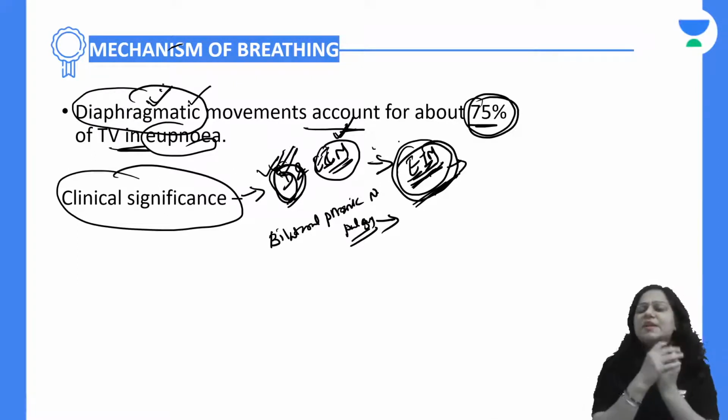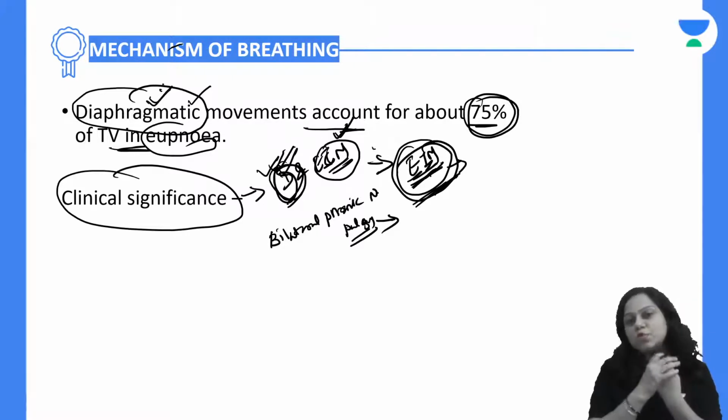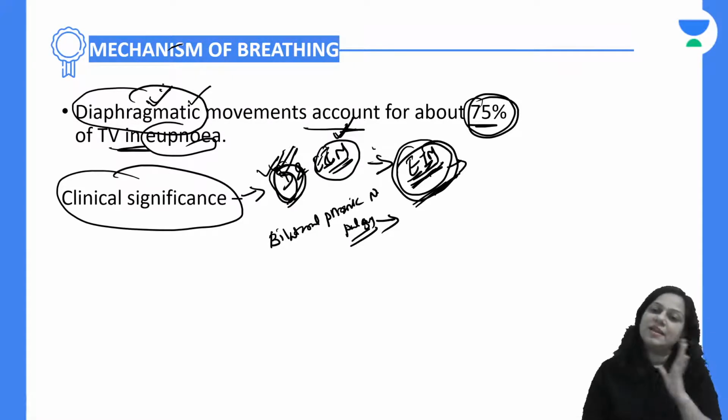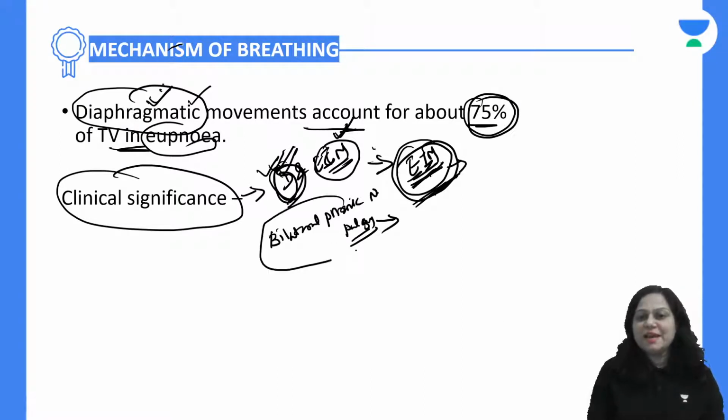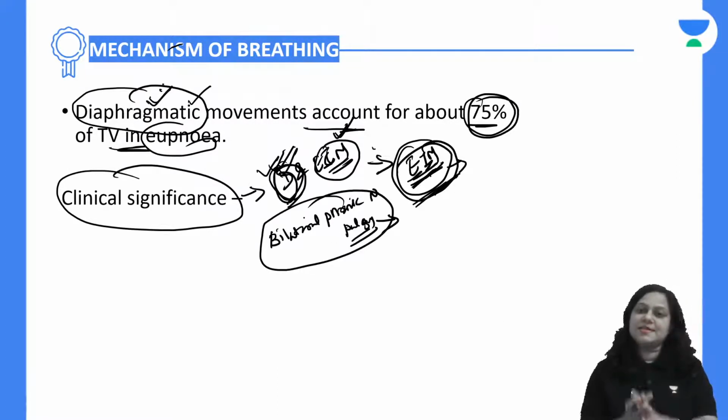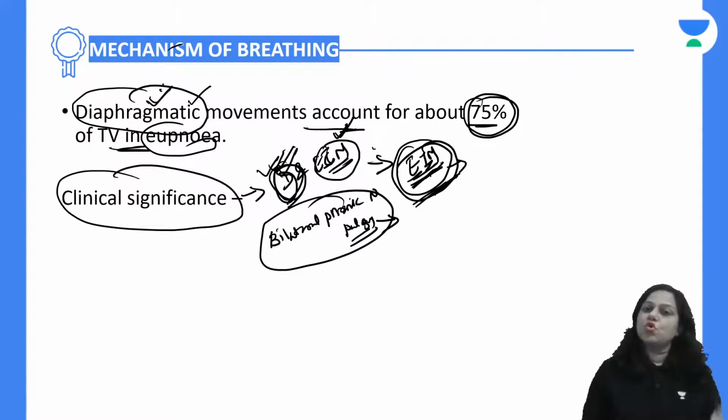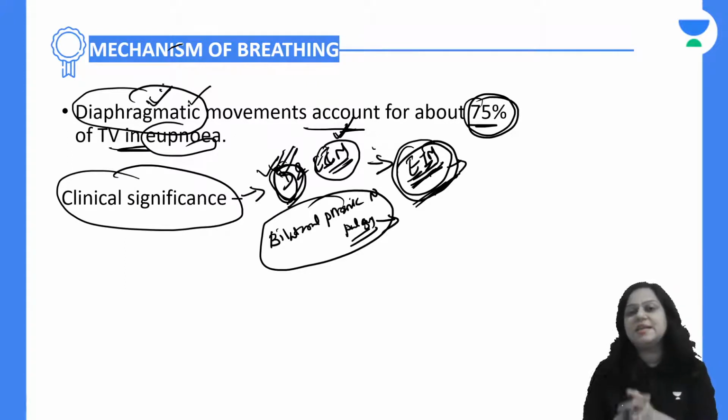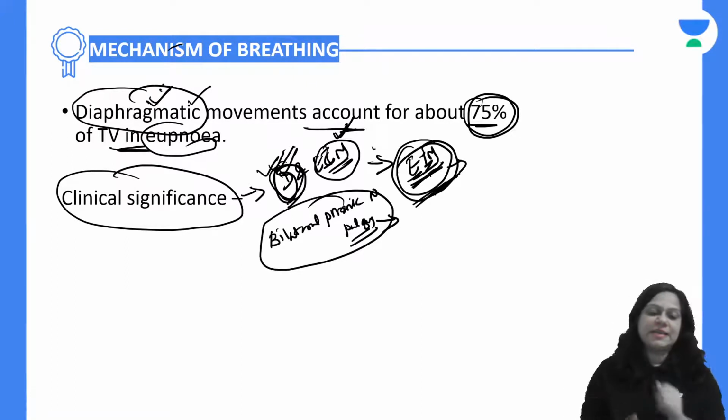Respiration will need some more effort, but adequate ventilation can be maintained to maintain the life. So with bilateral phrenic nerve palsy causing diaphragm paralysis, if external intercostal muscle innervation is intact, then tidal respiration can be maintained. Though more force will be needed, adequate ventilation can be maintained to maintain the life.